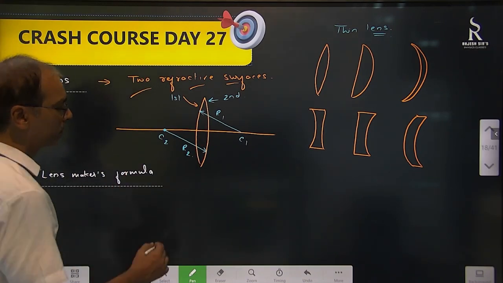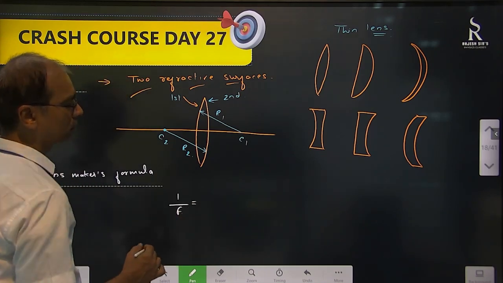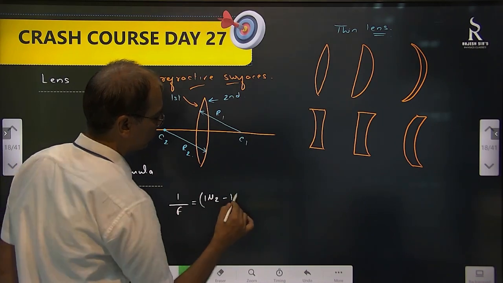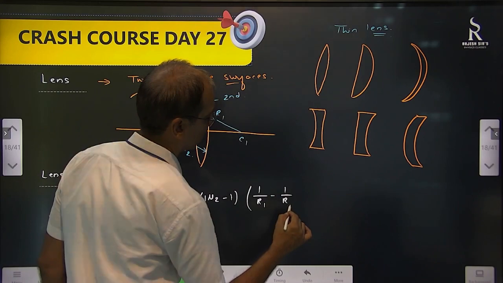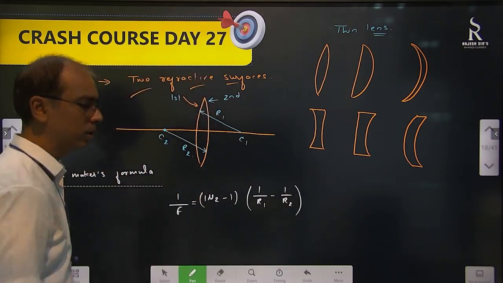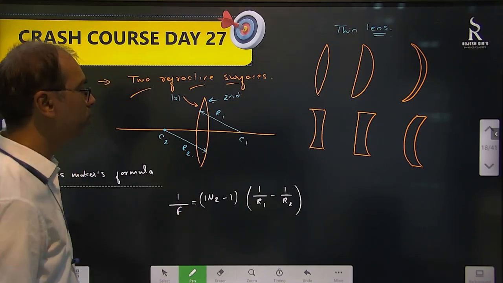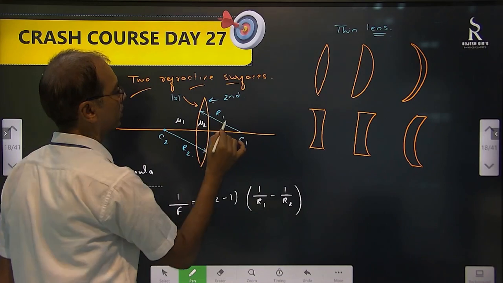Lens maker's formula is 1 by f equal to (1μ2 minus 1) into (1 by r1 minus 1 by r2). Again, this is without sign convention. We have to consider sign convention when we use it. Here 1μ2 means mu 2 by mu 1, where this is mu 2, and this is mu 1 and this is also mu 1.